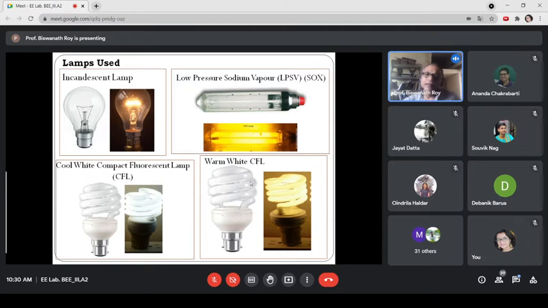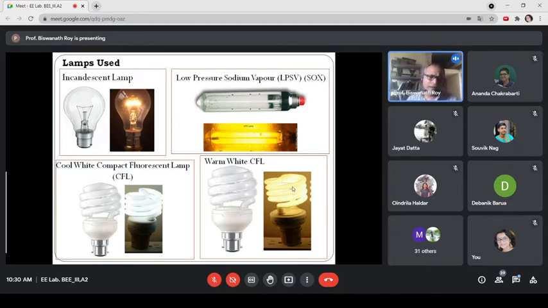This is the reason behind the warm white light. So when the proportions of the phosphor materials are selected such that the emission of the red component is relatively more than the blue component, then the color appearance of the CFL is warm white or yellowish white.